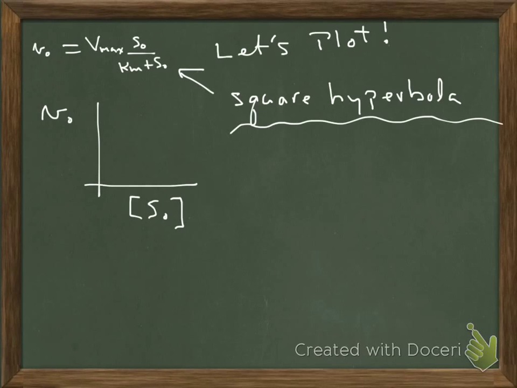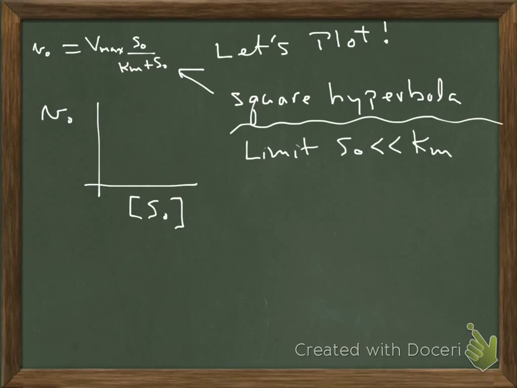If your math is rusty on doing this stuff, you need to brush up on that. I always take limits, and if you want, I can write the limits out, or I can just do them out loud. But maybe I'll write them out. So one limit is when S0 is small compared to Km.